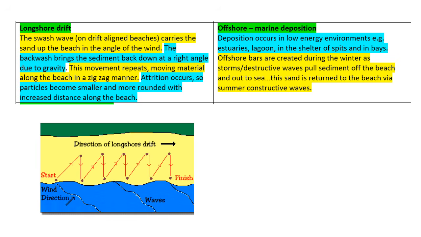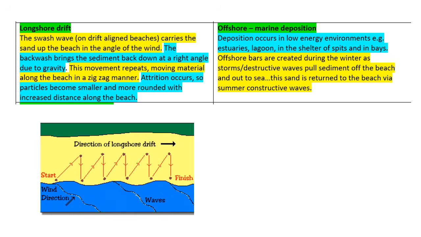So deposition happens, we know, in the low energy environments of the spits and the lagoons and the estuaries and in the bays. But also during the winter, all of the sand that's pulled off the beach, all of the destructive waves pulling that sand off the beach, need to put that sediment somewhere. And what happens is it puts it just out to sea, forming an offshore bar.